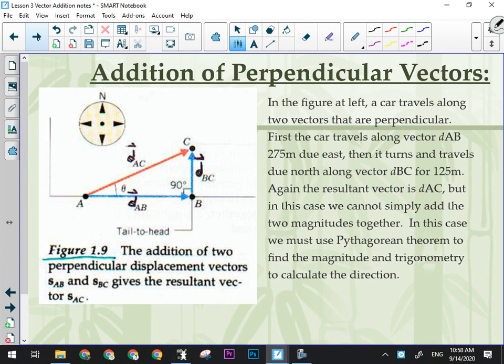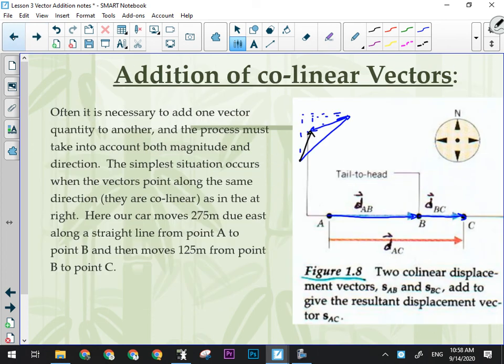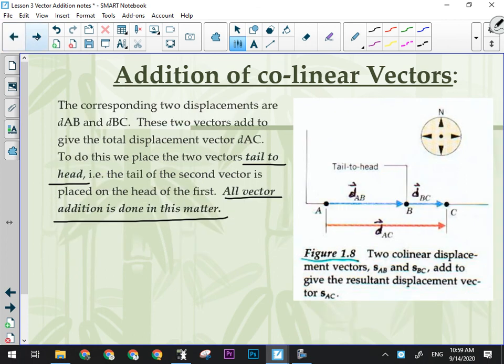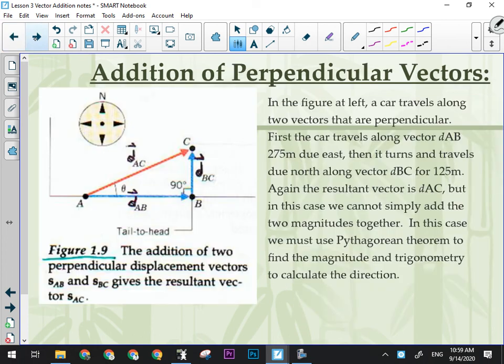And everything we do, no matter how crazy, even if it's this drawing here that I drew, we make perpendicular right angle triangles out of every single vector we have, because then we can use trig and we can always calculate it. So I've got a 275 east vector, that's this one, and then I've got 125 meters north.